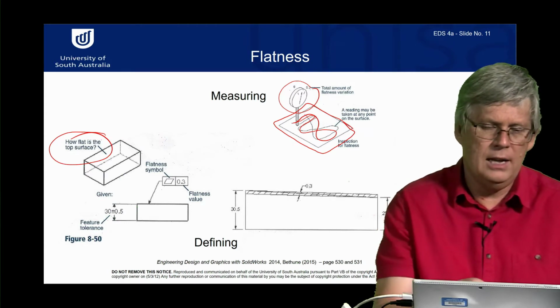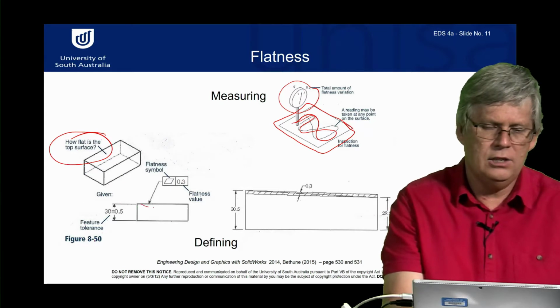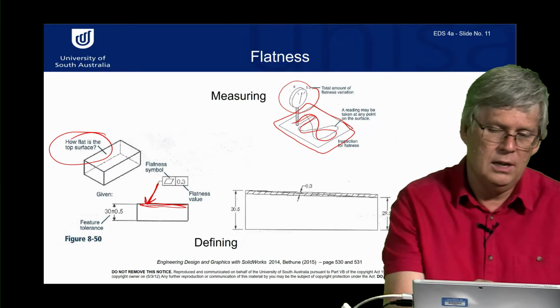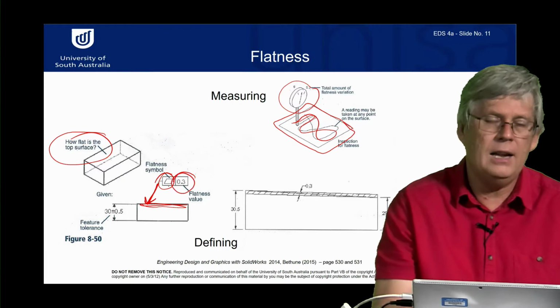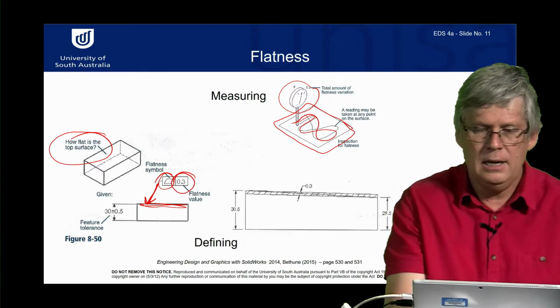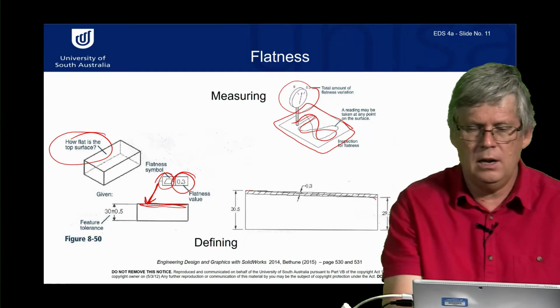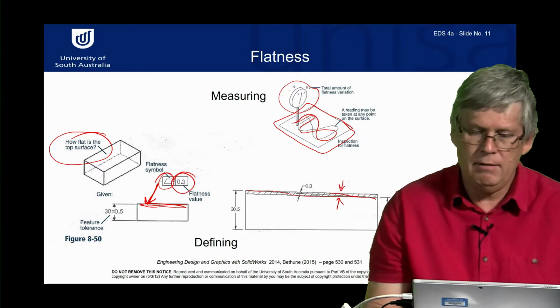With our symbol, we can say, here's the surface on the top. We have a geometry tolerance box. We have flatness as the symbol, saying it must be flat within 0.3. It means if we've got this plane, all the points on that plane must lie within this 0.3 of a millimeter band for that flatness.